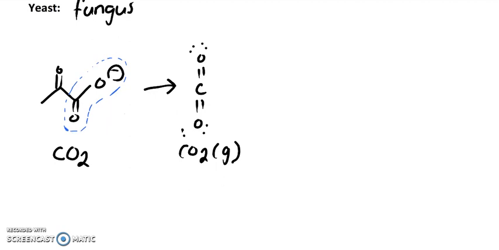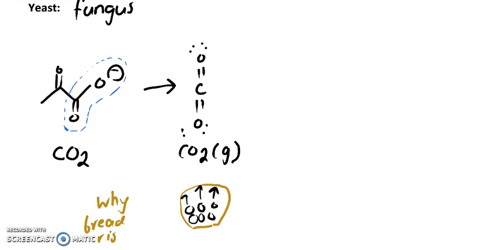And this is why when you are baking bread, the bread will begin to rise because it is full of these gas molecules. So these gas molecules are causing the bread to rise. This is because of fermentation.